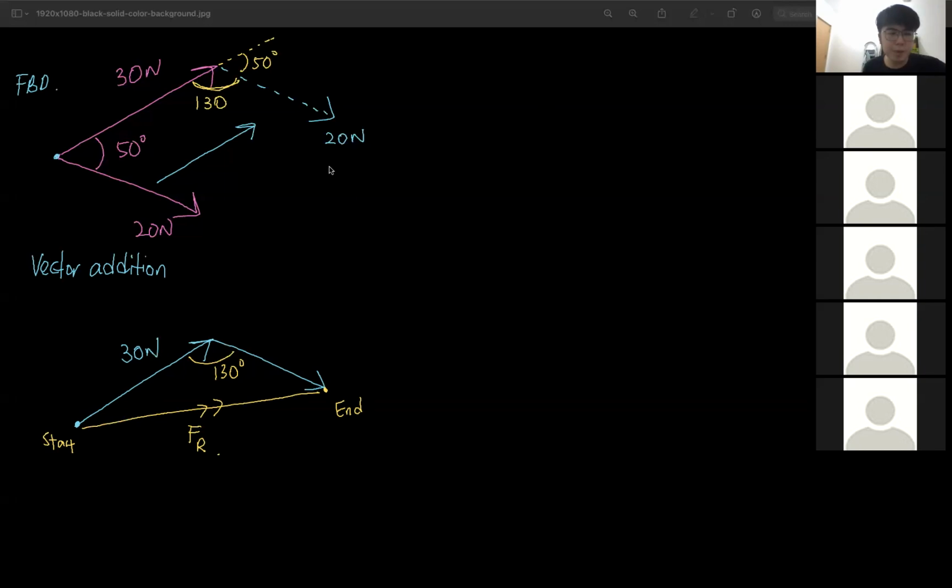I'm going to use cosine rule: C square 等于 A square 加 B square 减 2AB cos C. OK, 这个是20嘛, 是不是? 那我要找的是什么? 我要找的是 resultant force FR, 所以我把这个 side 当做我的 C.